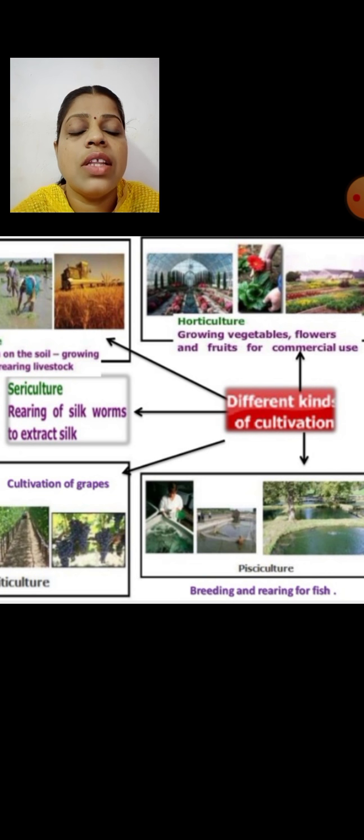Here we can see in these slides, yes, more fishes are being reared in the ponds, in the rivers, or, yes, in our houses itself. So the cultivation of fishes is known as which culture? Pisciculture. So these are the different kinds of cultivation of crops as well as rearing of livestock.